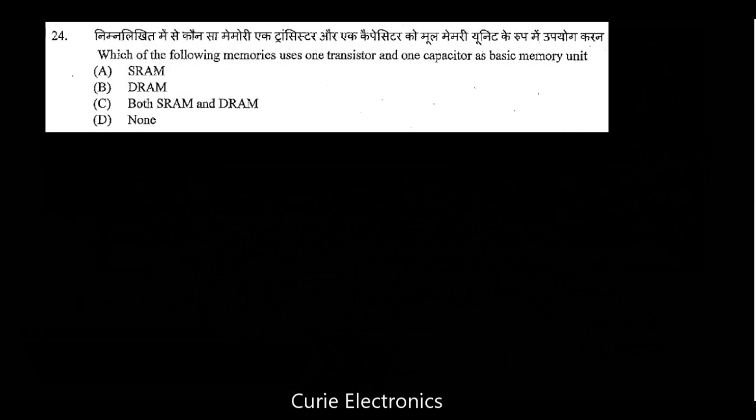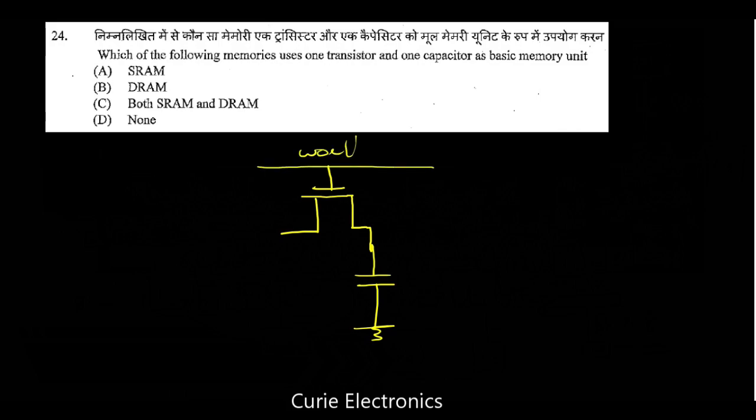Question number 24. Which of the following memories use one transistor and one capacitor as the basic memory unit? Here we have one capacitor, and to charge the capacitor we can use a transistor, either a MOSFET or a transistor. It's a word line, and this is the bit line.